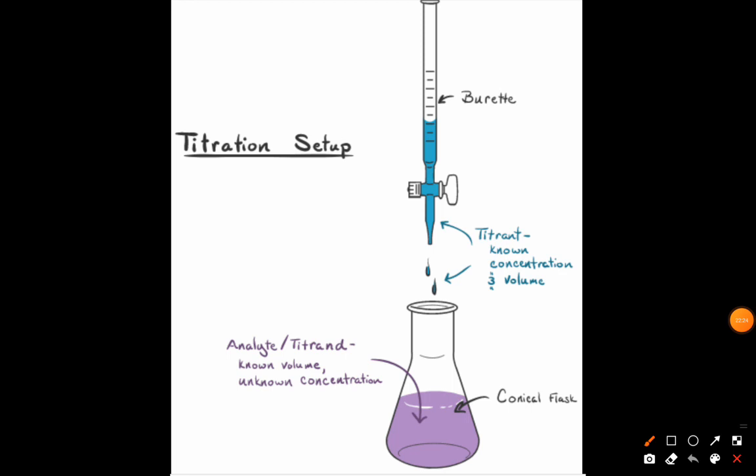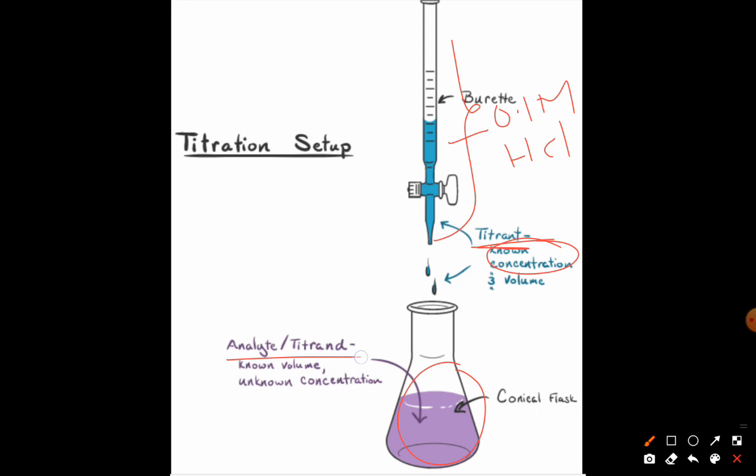You can see here we have the burette. In this burette, in our experiment, we are going to fill 0.1 molar HCl. This is called the titrant, the known concentration. In the conical flask we are going to take the analyte, the titrand. The volume is known but the concentration is unknown. Why is the volume known? Because every time you are going to pipette out 10 ml of sodium hydroxide, but the concentration is unknown.